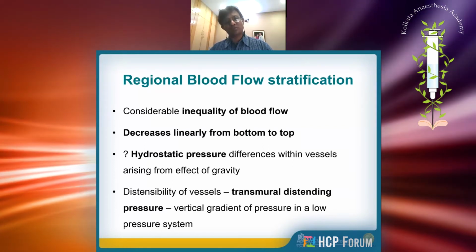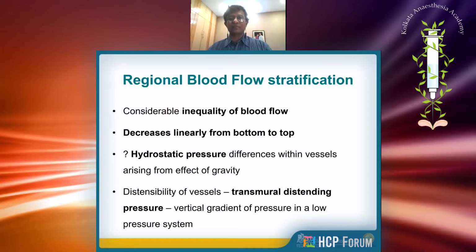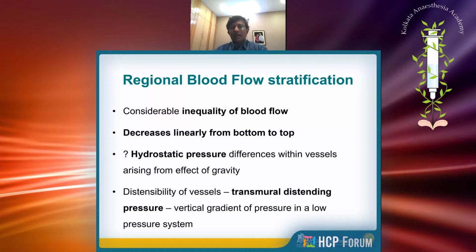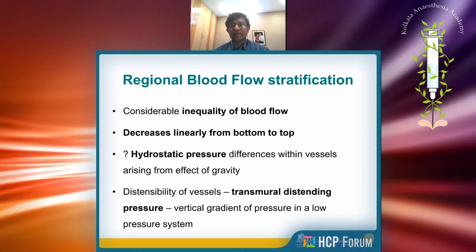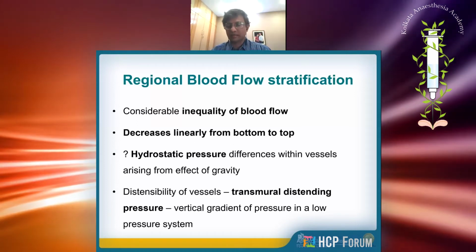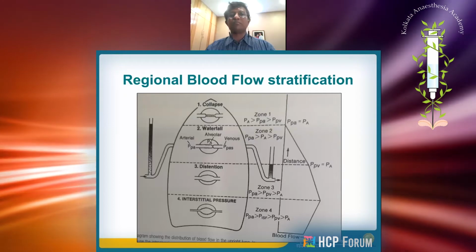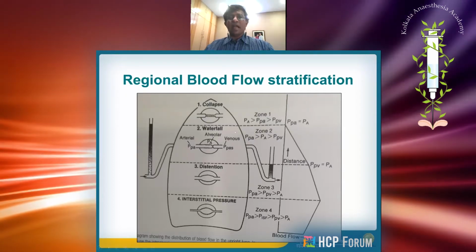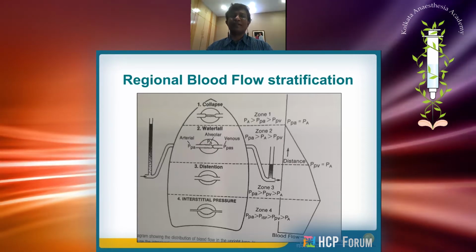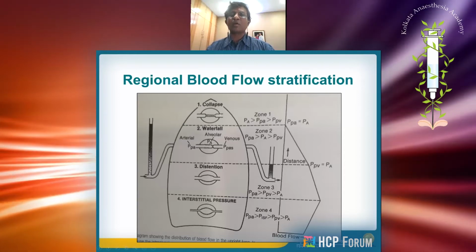And this is because, one, definitely hydrostatic pressure, with differences in the vessels arising from the effect of gravity, but also the distensibility of the vessels, the transmural distending pressure, the vertical gradient of pressure in a low pressure system. So this also contributes. This is again a diagram which most of you would have seen, showing how the regional blood flow is different from the non-dependent areas to the dependent areas, and what the factors are.